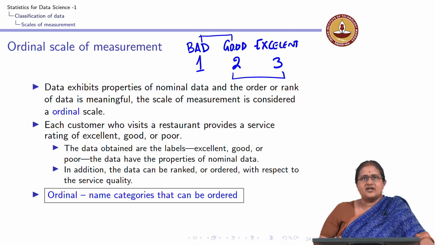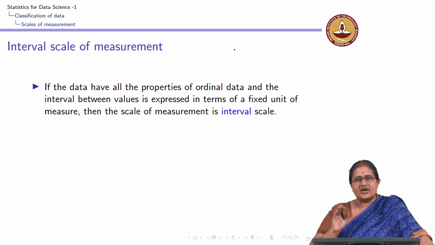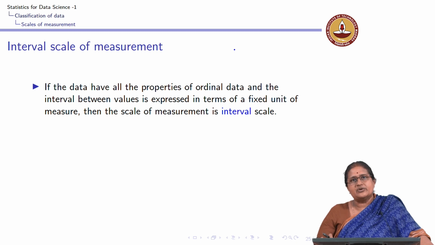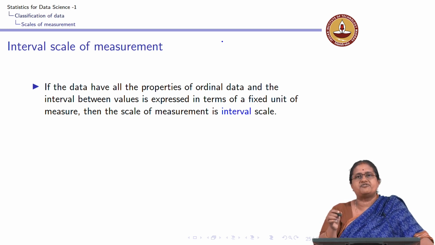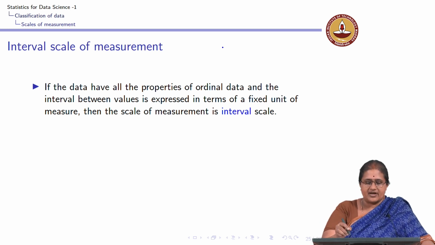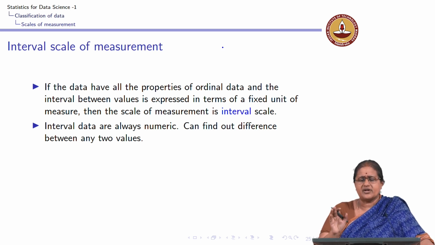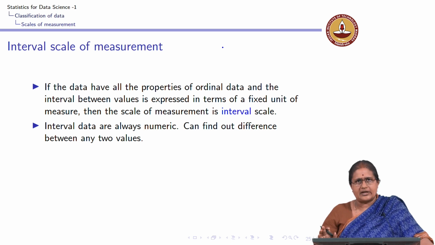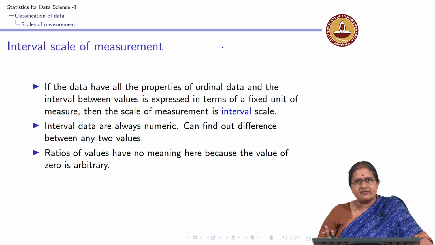Whereas when I have interval data, I have an ordering, and the interval between the values is expressed in a fixed unit of measure. So I can find the difference between any two values. Now, here ratios do not have any meaning because the value of 0 is arbitrary.